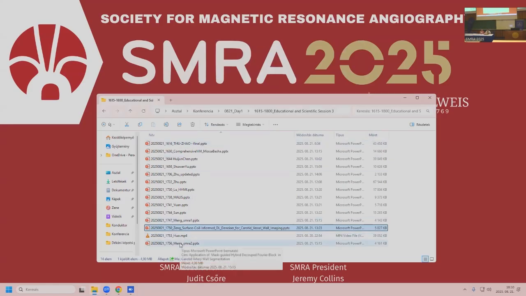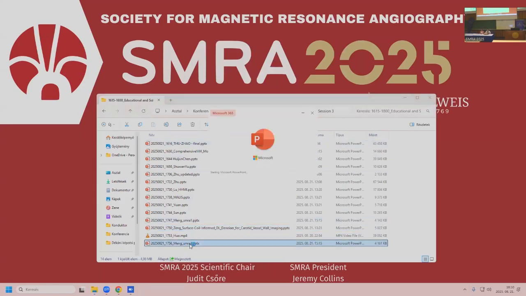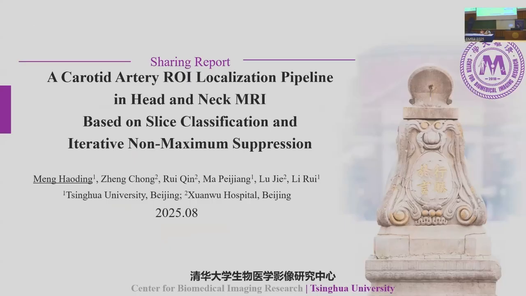Okay, this is the last speaker of the session, and the title is A carotid artery ROI localization pipeline in head and neck MRI based on slice classification and iterative non-maximum suppression, and it's given by Meng Haoding.